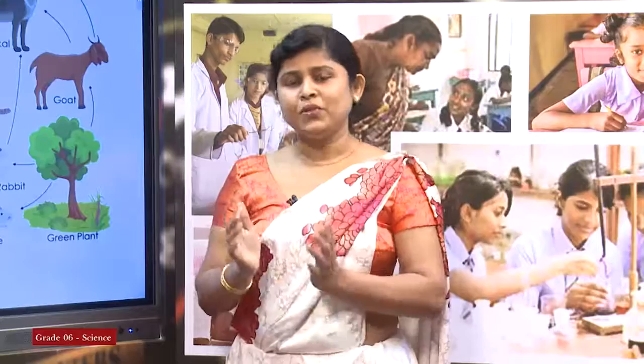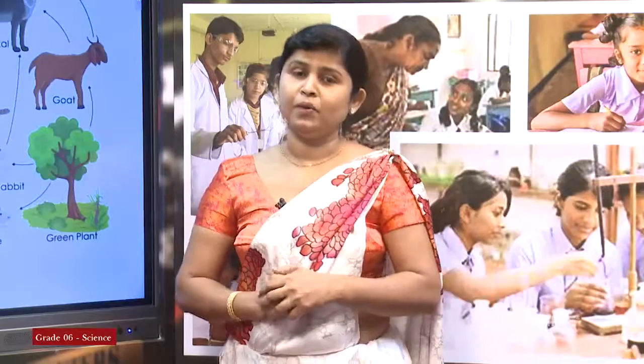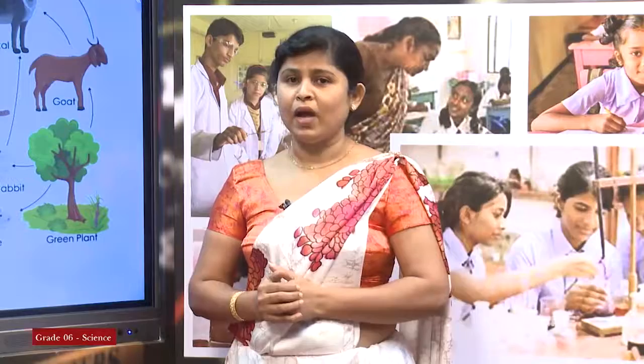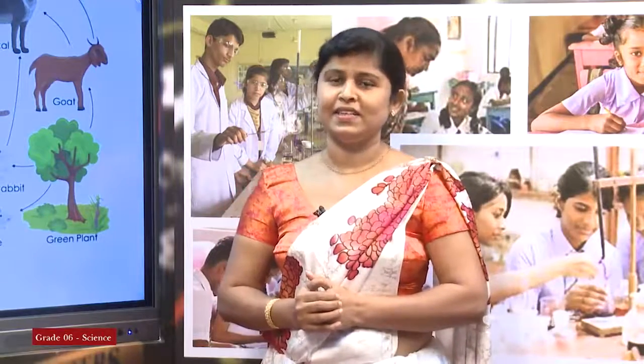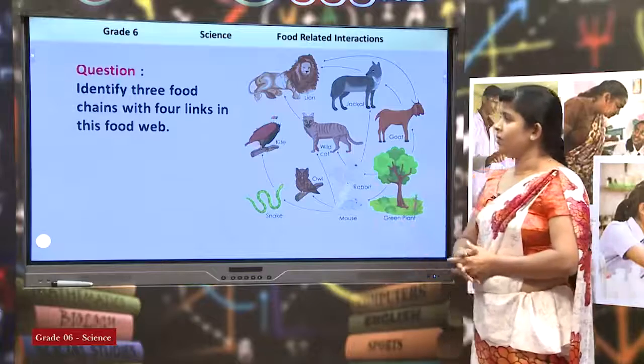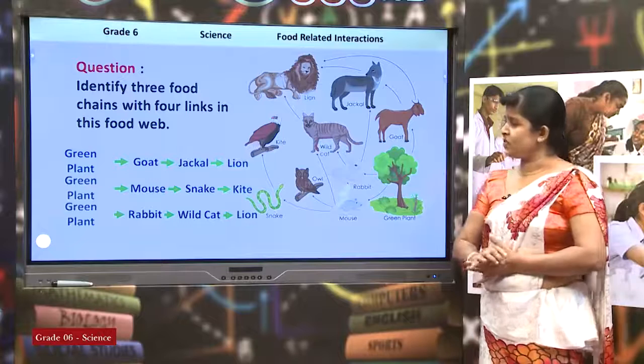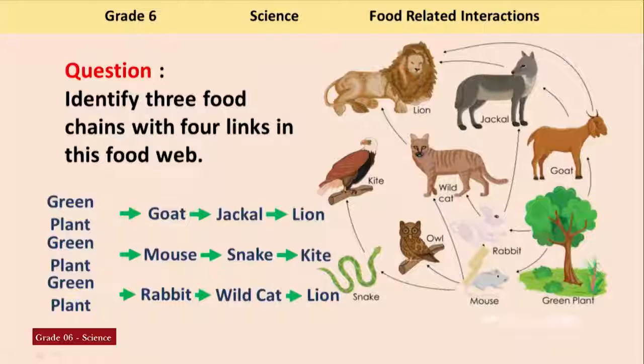Now, I am sure that you have already identified the food chains. Now, you can check whether your answers are similar with my answers. Okay. Now, I am going to give you my answers. Let us check. Right. Here are the answers. Green plant. Where is the green plant?